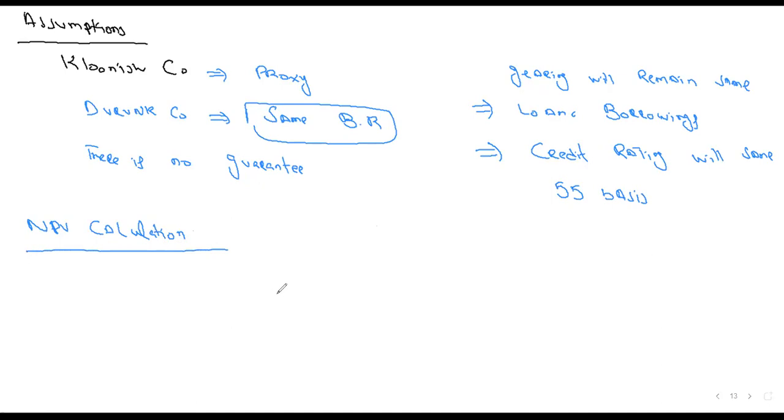See guys, in the NPV calculations, we have been given the already calculated data. The sales have been given to you, the costs have been given to you, the investments have been given to you, the residual values have been given to you.